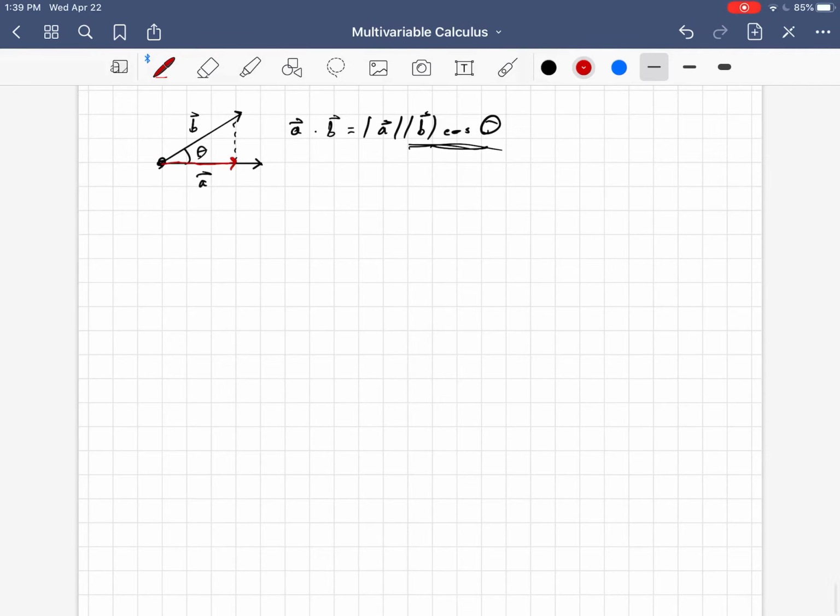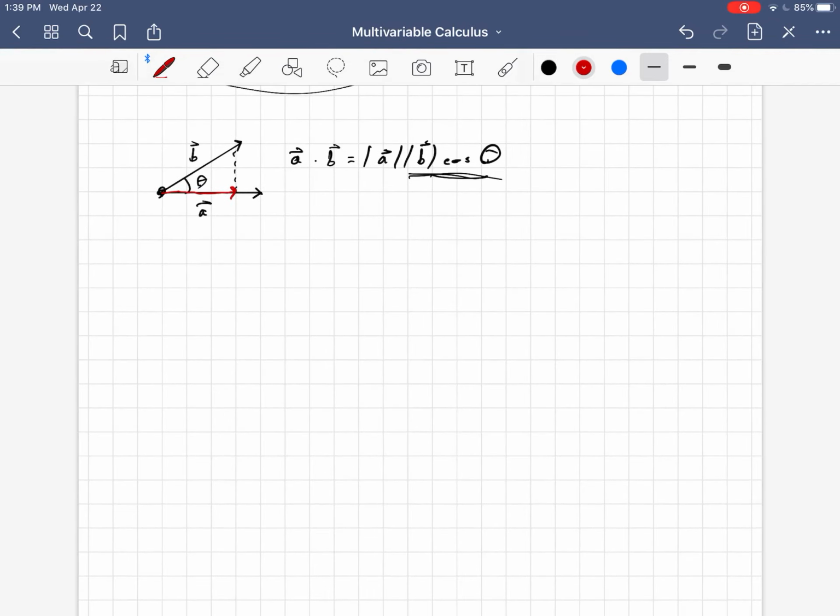Magnitude of vector B times the cosine of theta. This part here, going along the direction of A. So the B cosine theta tells us how much of B is going in the direction of A. And so we multiply that by the magnitude of A.